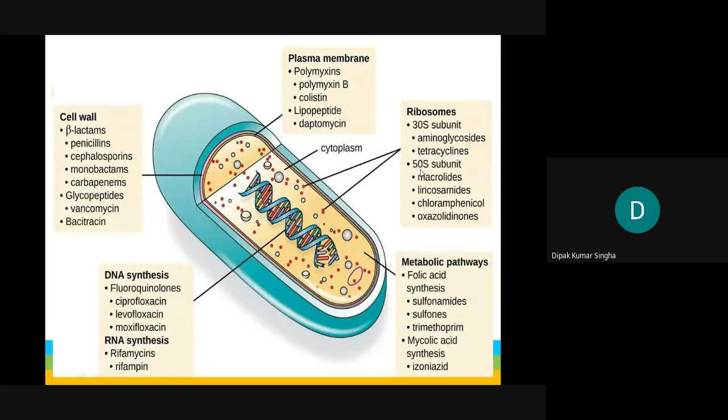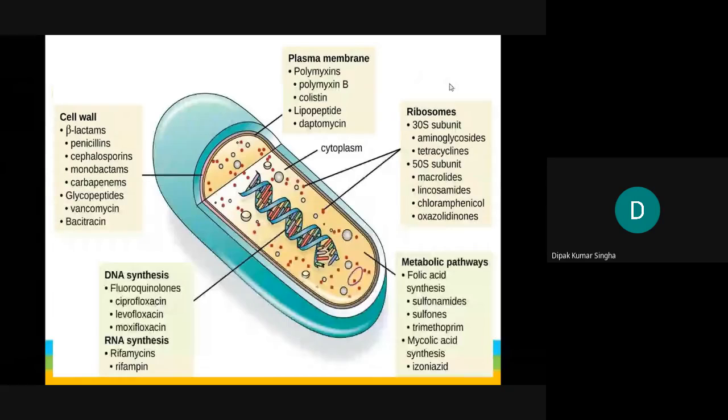And actually, in protein synthesis, both 30S and 50S are required. So some drugs bind with the 30S to stop protein synthesis, and some drugs bind with the 50S to inhibit protein synthesis. The 30S binding antibiotics are aminoglycosides like streptomycin, gentamicin, and the tetracycline group of antibiotics.